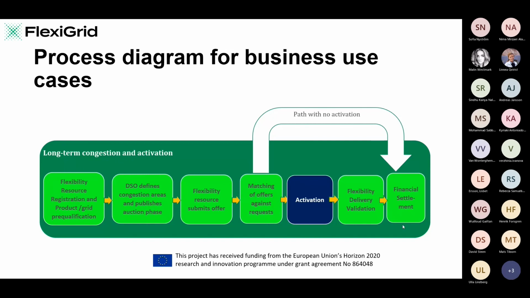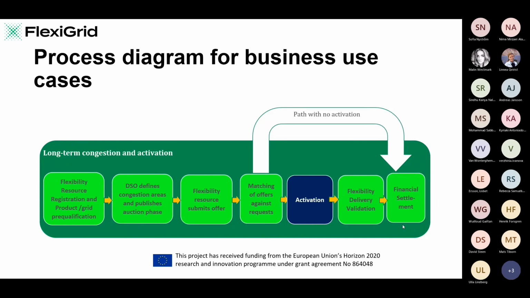Flexibility resources submit their offer, and then the offers are matched against the request. That is long term, it can be 1 month, 1 week, or even 6 months before. If there is no activation, of course, they have to pay some reservation fee. If there is an activation, they will send a signal, the flexibility is delivered, and then we validate whether they delivered or not, and then we pay the full price at their setting.